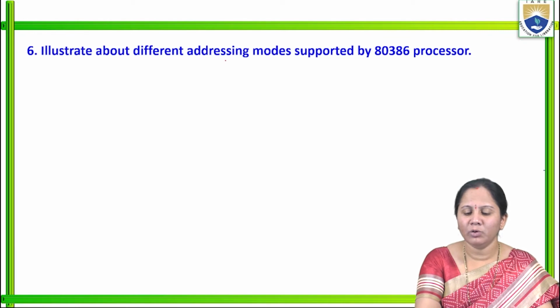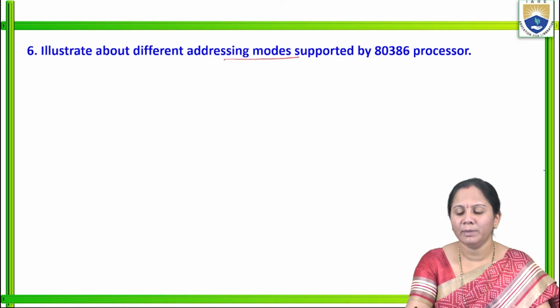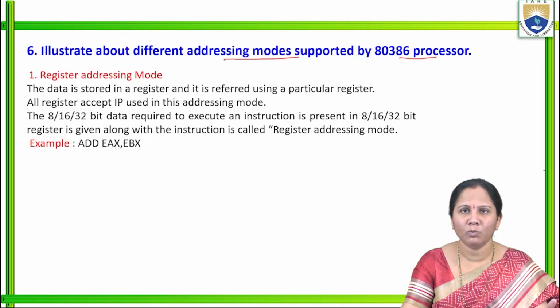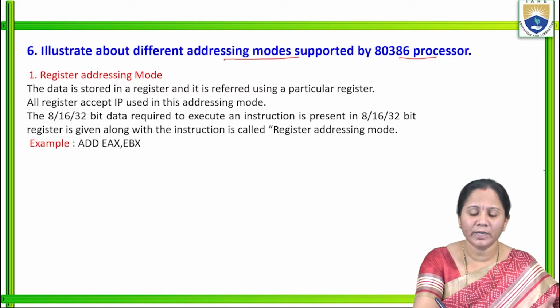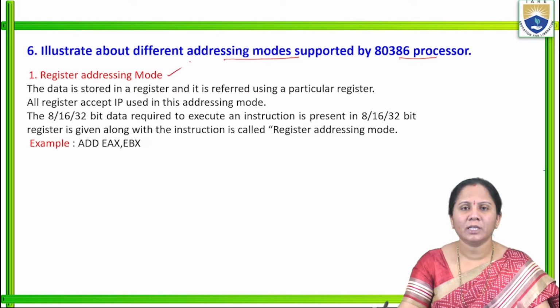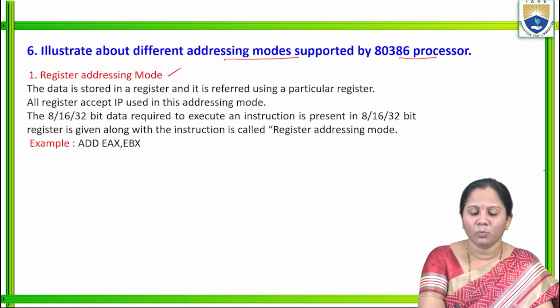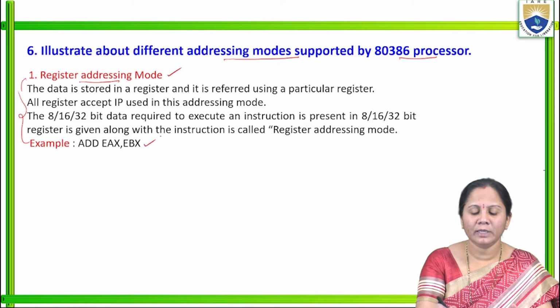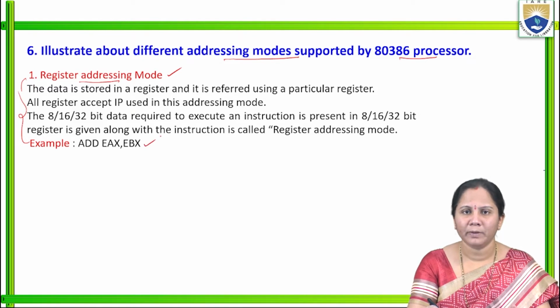And illustrate about different addressing modes available in the 80386 microprocessor. So 80386 is having different addressing modes like 8086. One is register addressing mode. So whatever addressing mode we are discussing here, after that we have to clearly indicate it with an example.